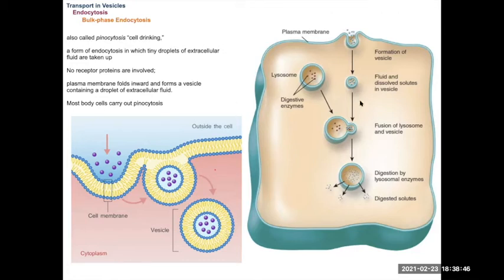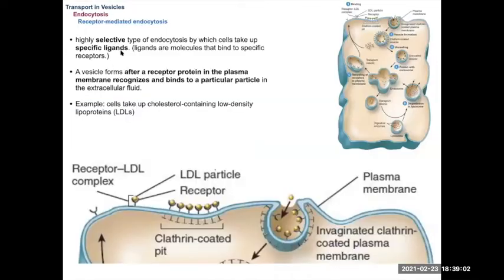And use whatever was in here for whatever you're going to use those for. So this is happening in most of your body cells. They're just bringing in whatever was in the extracellular fluid for whatever purpose. So this is just happening. There are no so-called receptor proteins involved, unlike our receptor-mediated endocytosis.